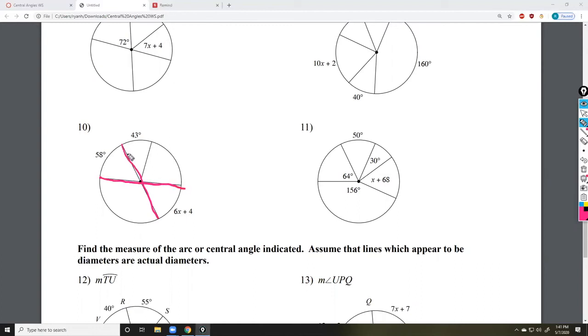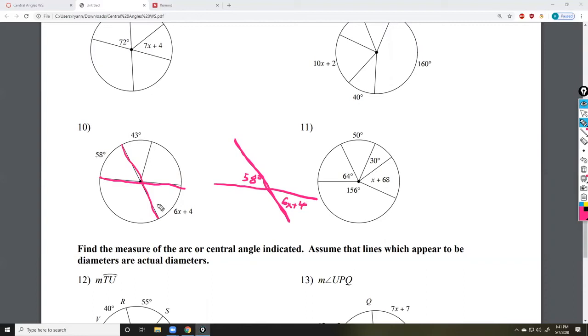But what this also gives is, let me trace it out separately over here, two segments, and basically I know that this is 58, and I know that this is 6x plus 4.